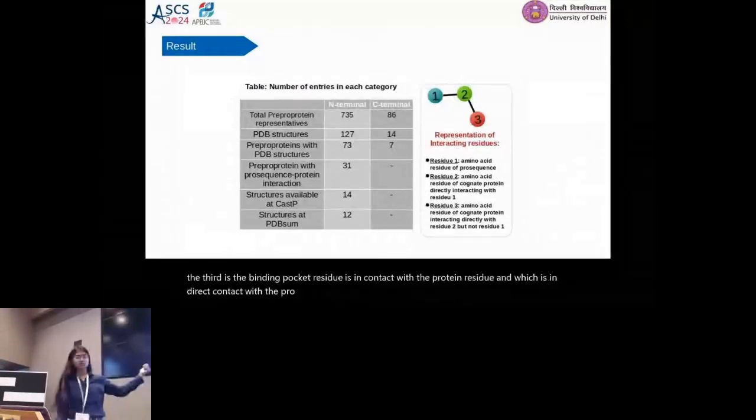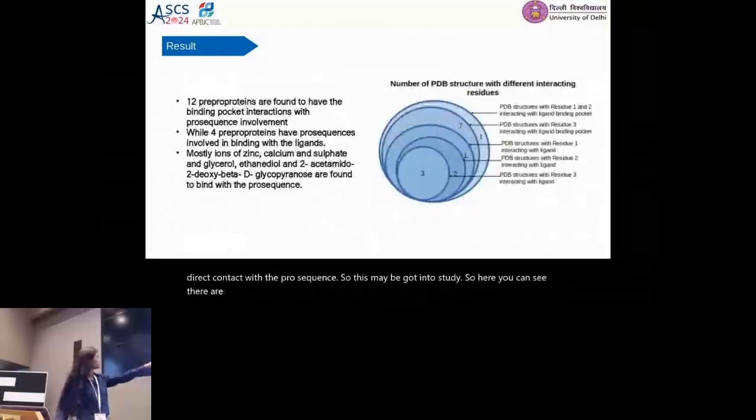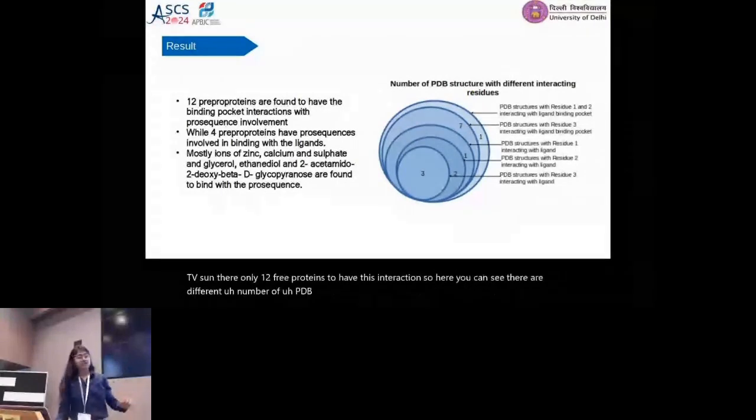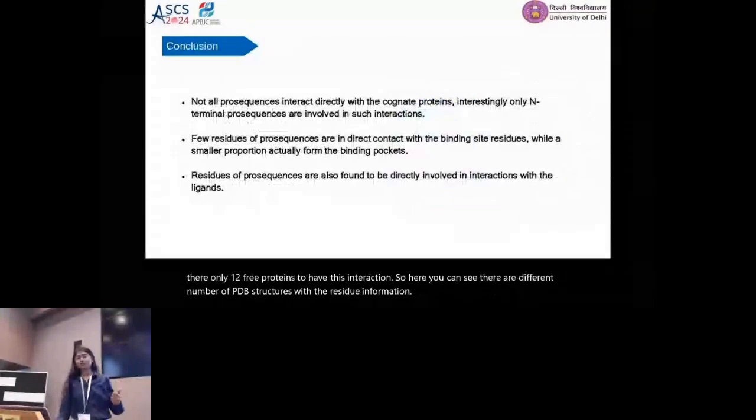So this way we carried out the study. There are in total 14 structures like that from CASTp, and from PDBsum there are only 12 pre-pro proteins with this interaction. Here you can see there are different numbers of PDB structures with the residue information. For more details, you can come to the poster as well.